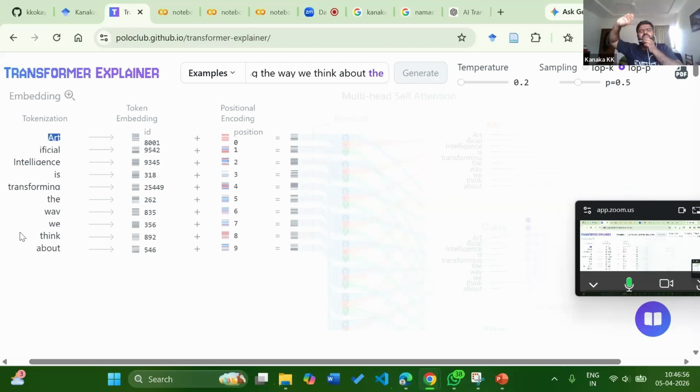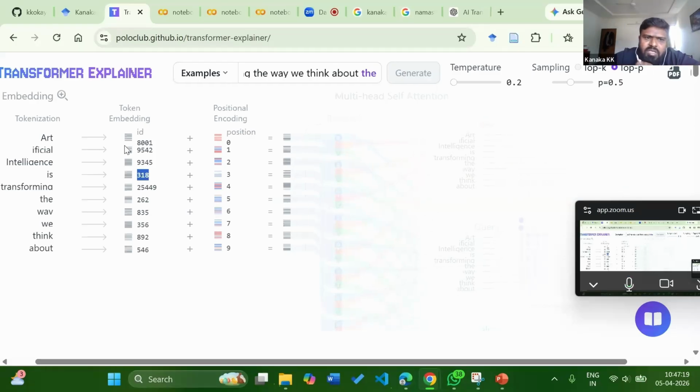The entire words in the English language are tokenized into 1 lakh tokens, and each token is given a unique ID number. So wherever the word is there in the input, the ID number it will give is 318. These ID numbers are fixed.